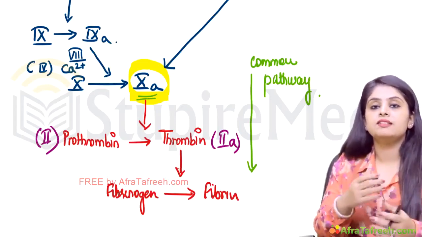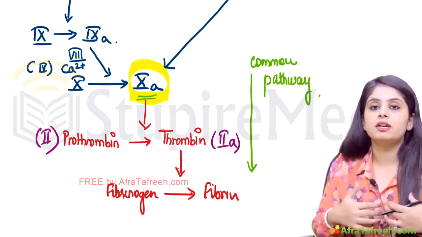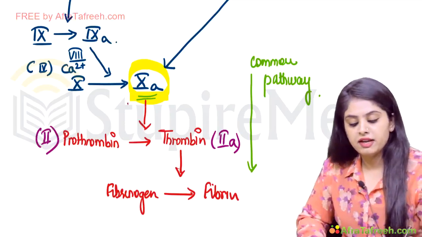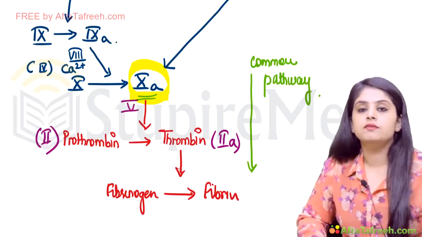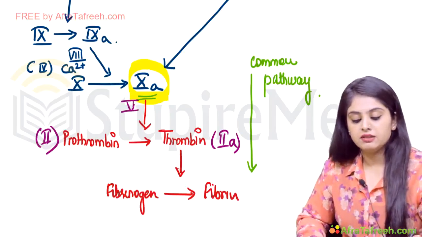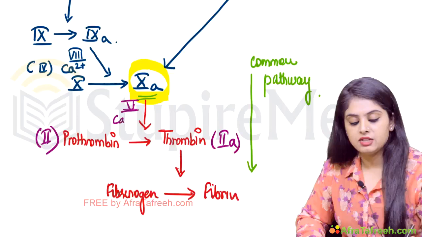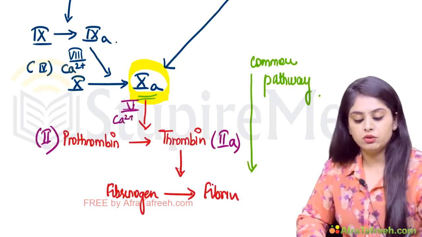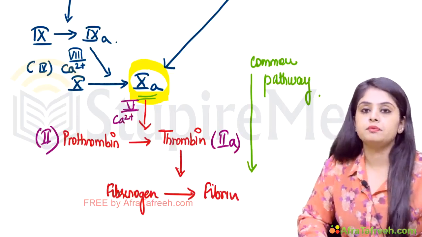After coming to 10, let's start breaking this down for our memorizing purposes. If we divide 10 by 5, we will come to a 2. So factor 10A in the presence of factor 5 and calcium converts prothrombin into thrombin.